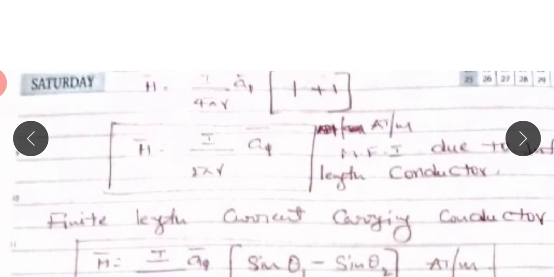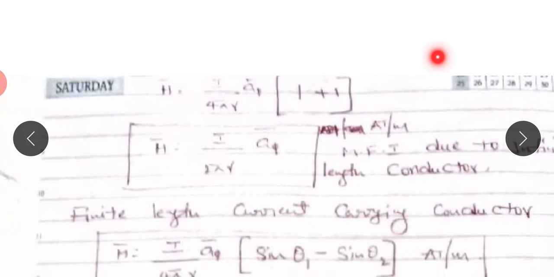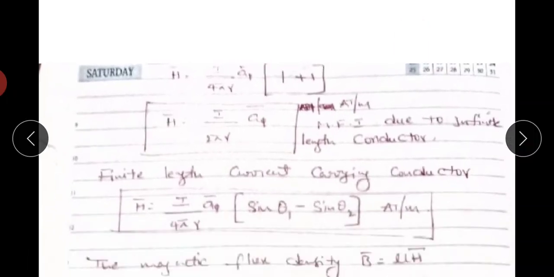So H bar equals to I by 4 pi R into A pi bar, sin pi by 2 minus sin of minus pi by 2. Sin pi by 2 equals to 1, sin minus pi by 2 equals to minus 1, so minus into minus is plus 1. So 1 plus 1. So H bar equals to I by 4 pi R into A pi bar into 2. So H bar equals to I by 2 pi R into A pi bar.